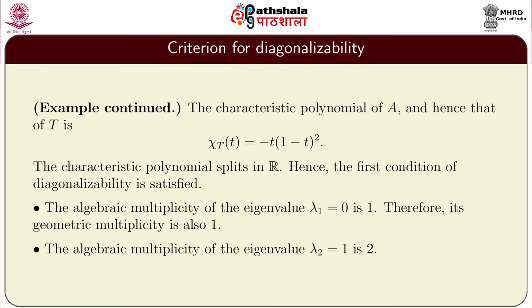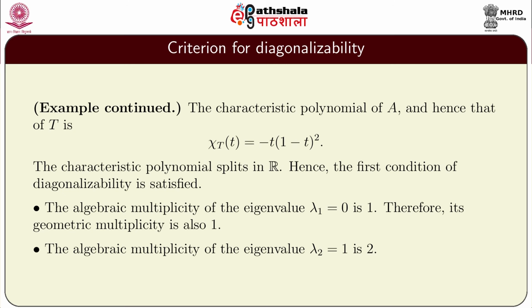So, the characteristic polynomial of the matrix A, which is the matrix for the operator T written in terms of standard basis vectors, is chi T of t, which is minus t multiplied by (1 minus t) whole square.